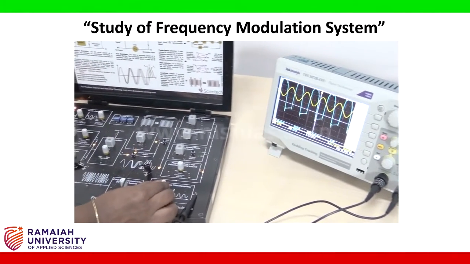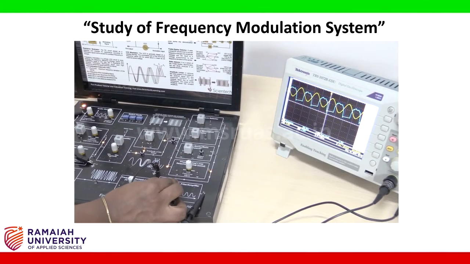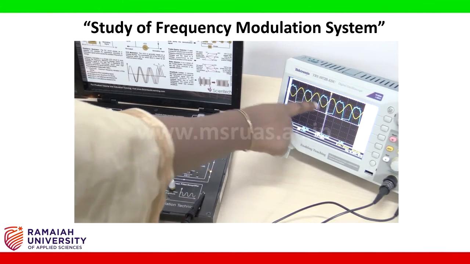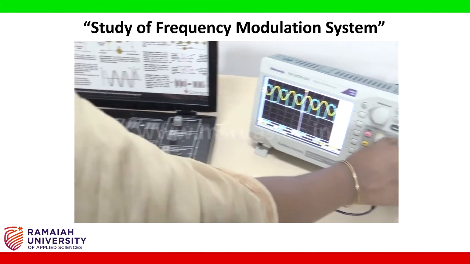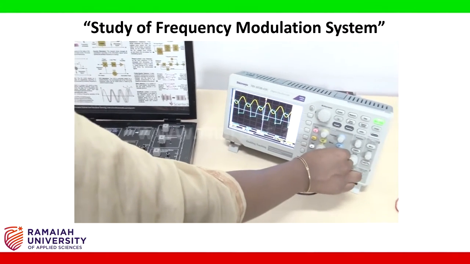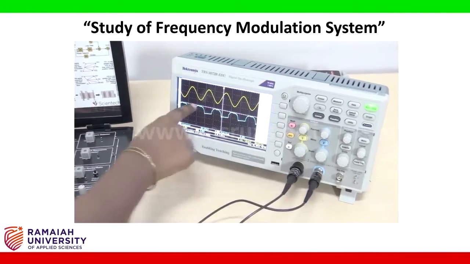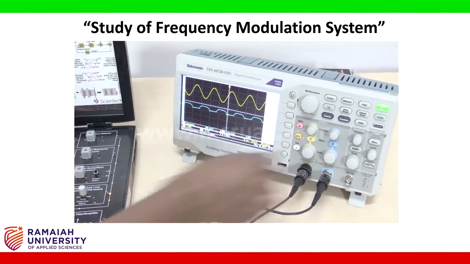Amplitude is anyhow adjustable, but however the shape of the sine wave, which is the message, and the demodulated message waveform, they are almost the same but not exactly the same.